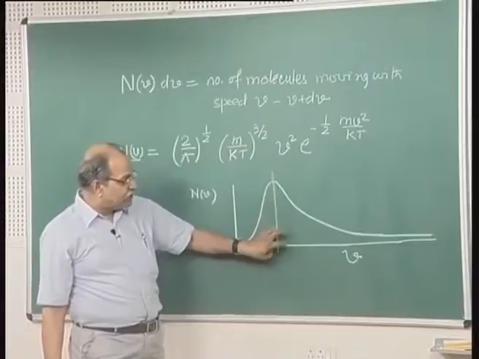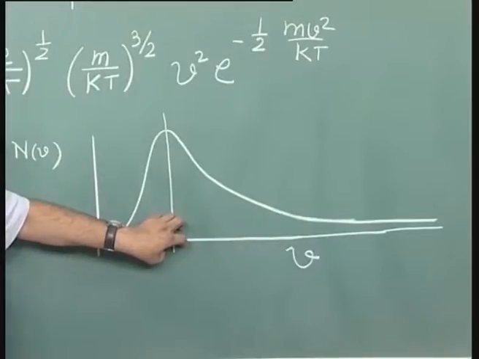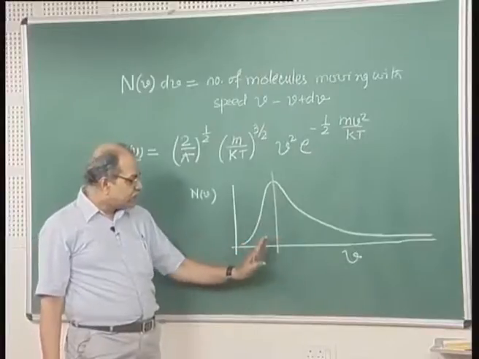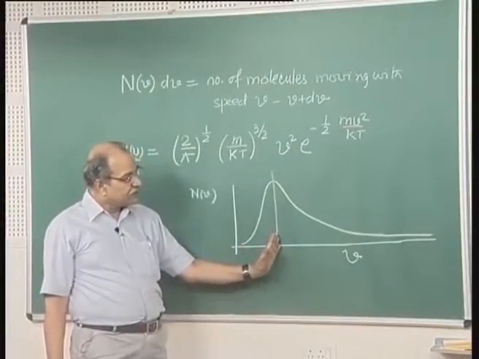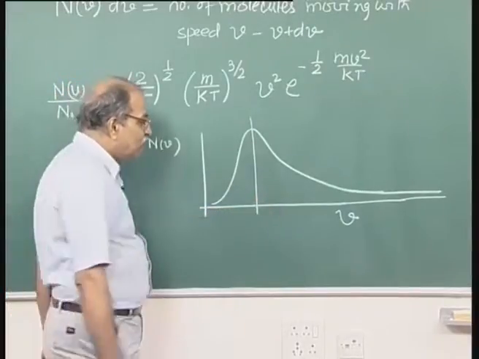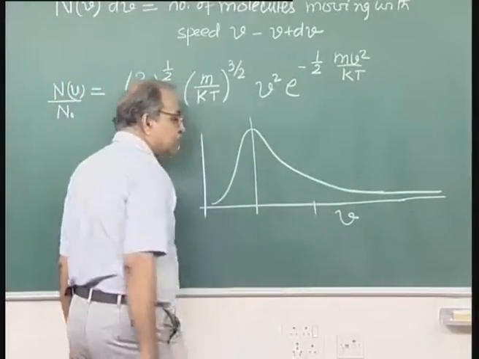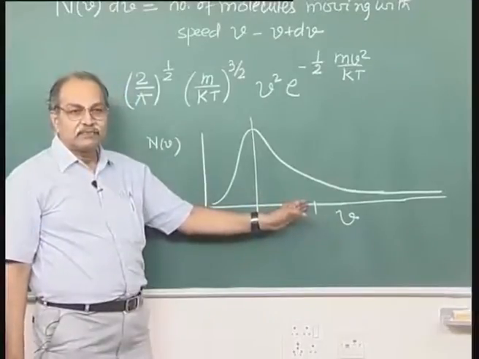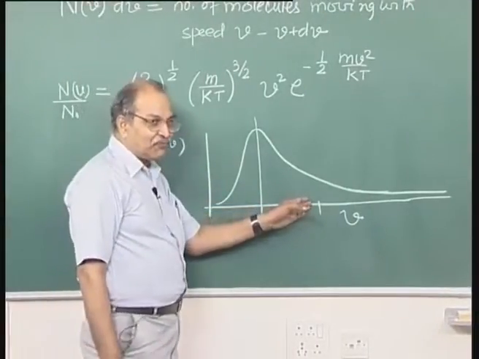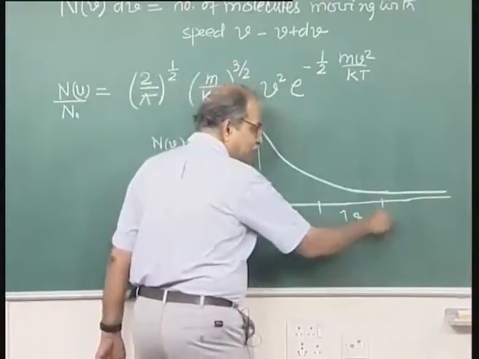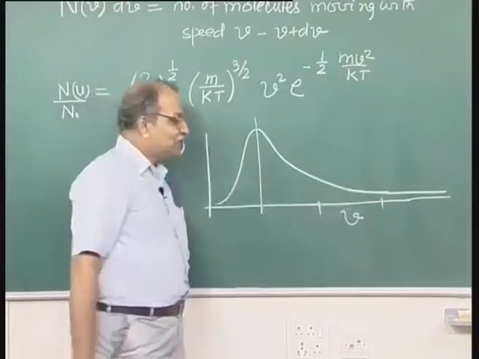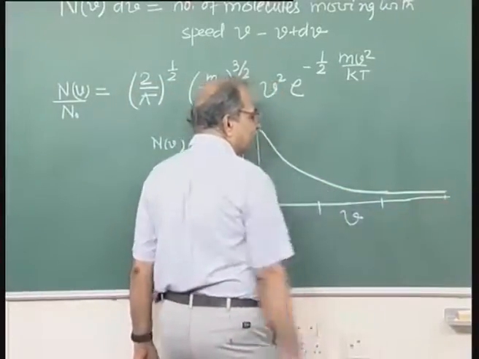The average, 3/2 kT, will be also around this region, a little bit shifted from here. But then you also have molecules with this velocity, which is much higher than the average speed. You also have molecules with this speed, which is even higher than the average speed, and so on.